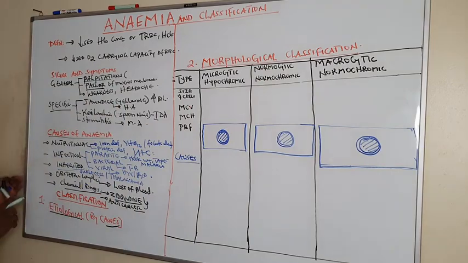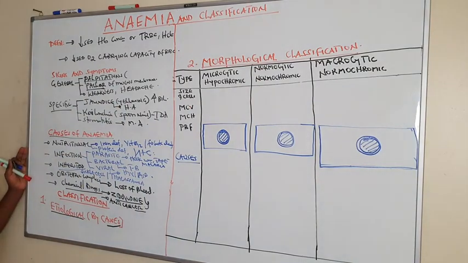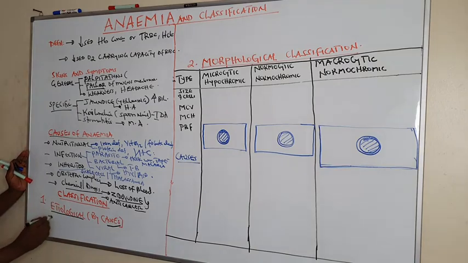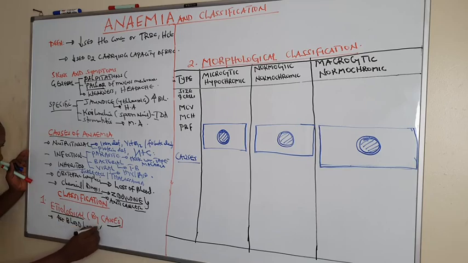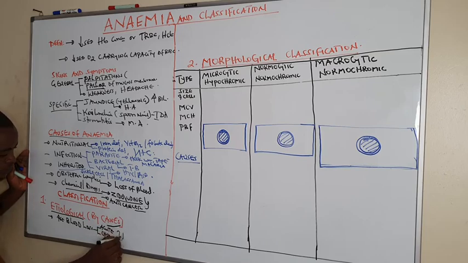And under etiological classification, which we shall expound more in another video, we shall see that etiology can be due to increased blood loss. This one is seen in either acute or chronic bleeding.